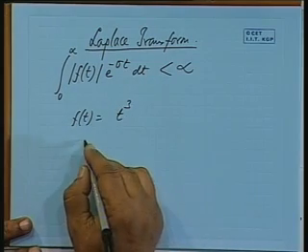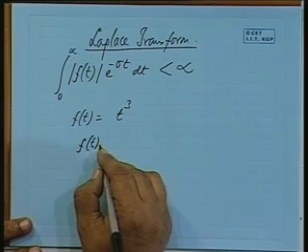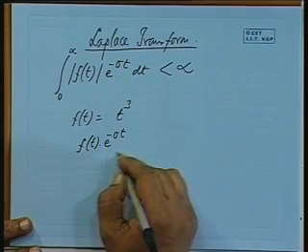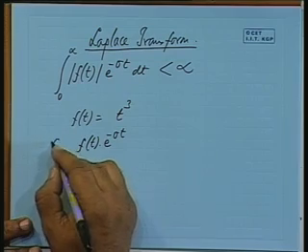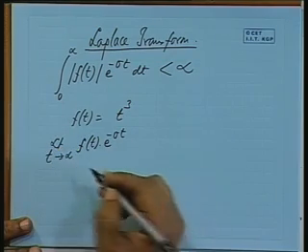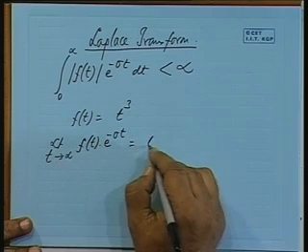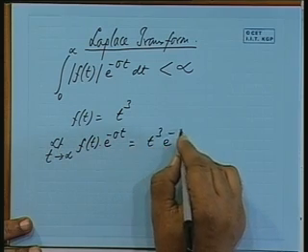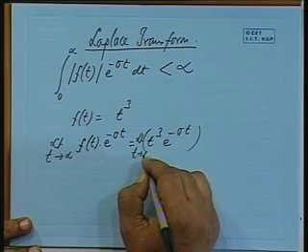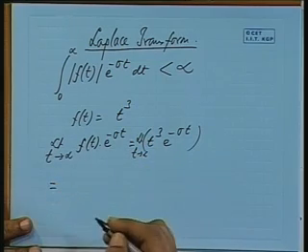Let us see. f(t) into e to the power minus sigma t as t tends to infinity, how much is this product? t cubed into e to the power minus sigma t, limit t tending to infinity. So, what will be the limit?